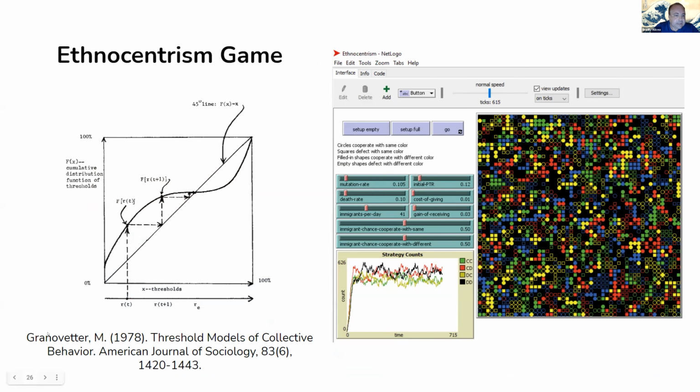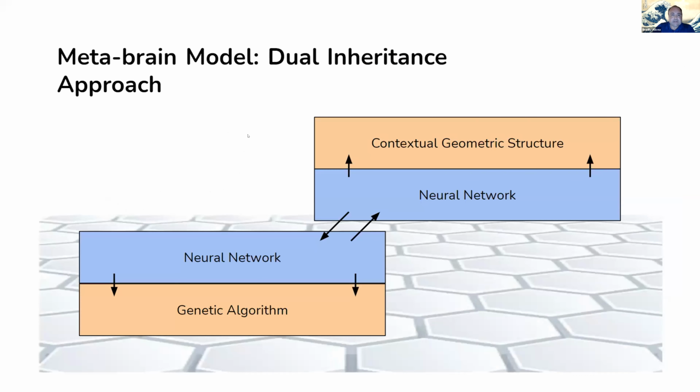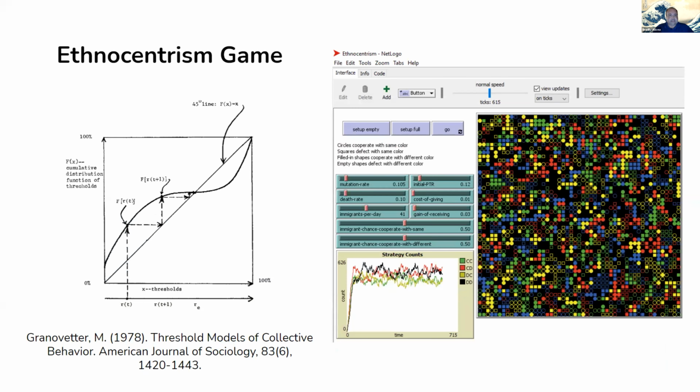Another example is very similar in some ways. It's the ethnocentrism game, where you're going to get patches of ethnic groups. And in this case, you again have this transition point where it's a gradual change and then there's a transition point from one stage to another. But in this case, we're dealing with the ethnic aspects of it, and then we're dealing with agents.